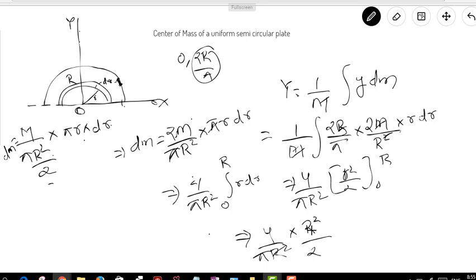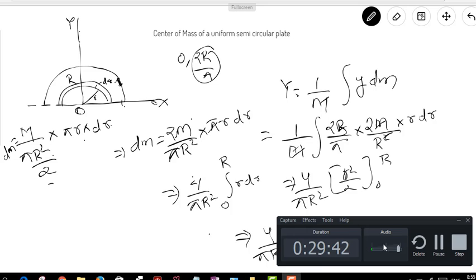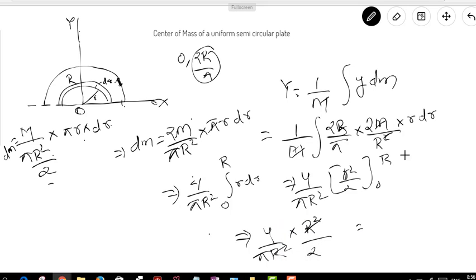This r square will get cancelled. Then we are left with, I think I've done something wrong here. I've made a mistake here.